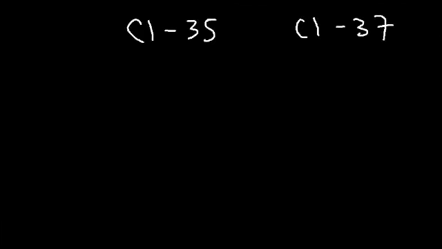Now, sometimes you may have to work this problem backwards. Sometimes you may want to calculate the relative percent abundance of each isotope. Consider chlorine. Chlorine has two main isotopes, chlorine 35 and chlorine 37. If you look at the periodic table, the average atomic mass of chlorine is 35.45.